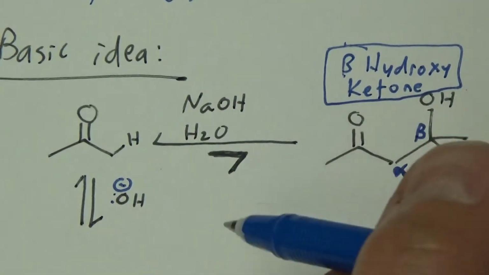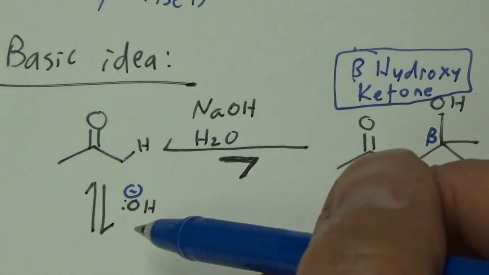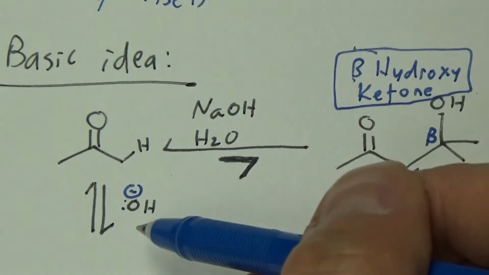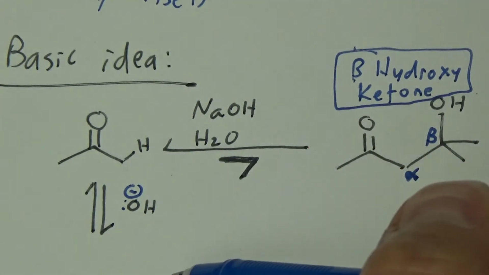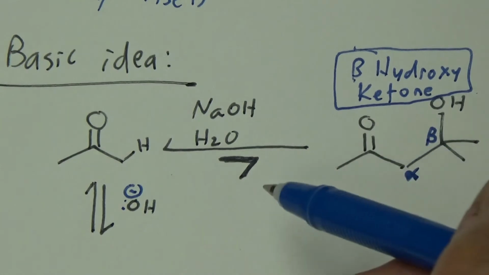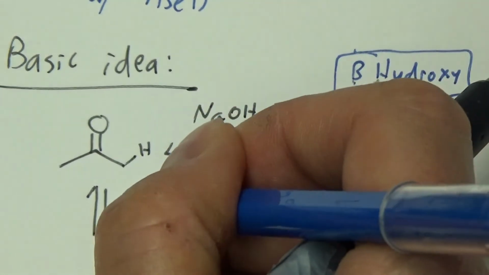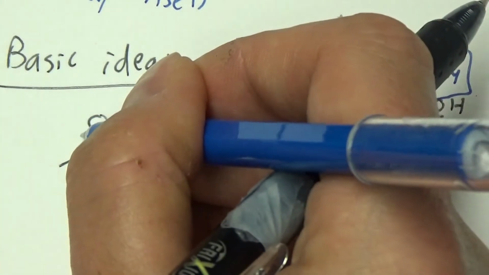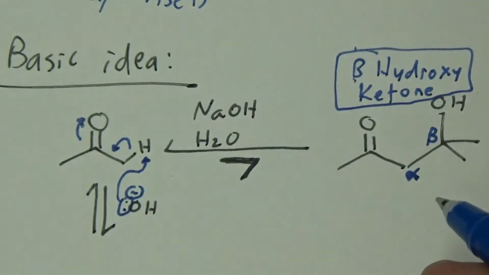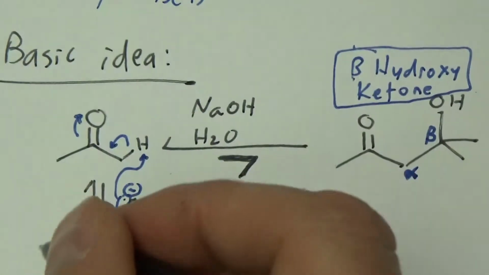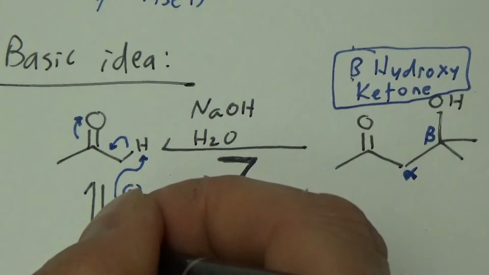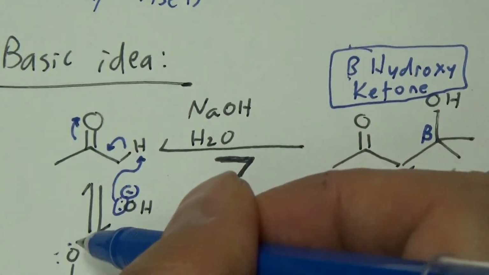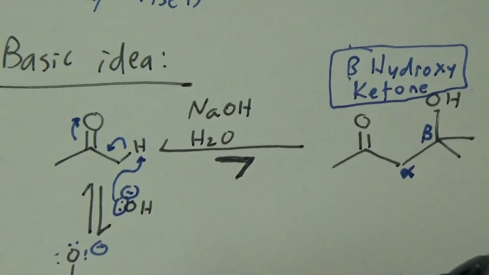One of the themes of this chapter is that we can take off the neighboring proton next to a ketone or aldehyde and make an enolate, right? And enolates are nucleophilic. So this base takes off the proton, and I'm just going to go straight to the enolate. That's the enolate, right?